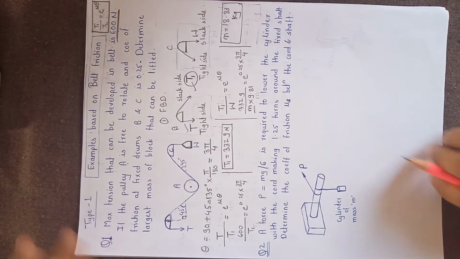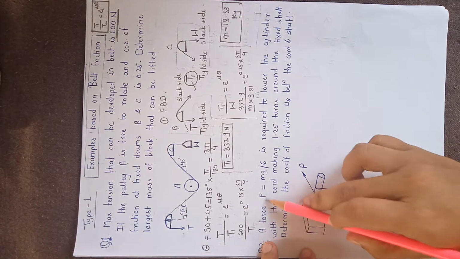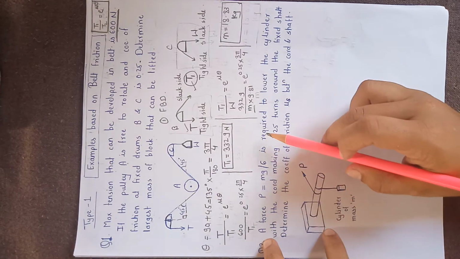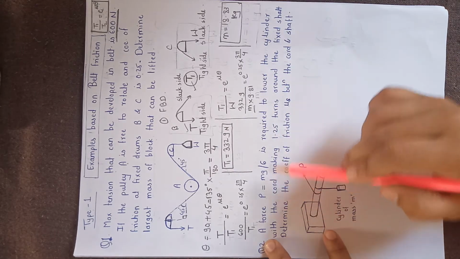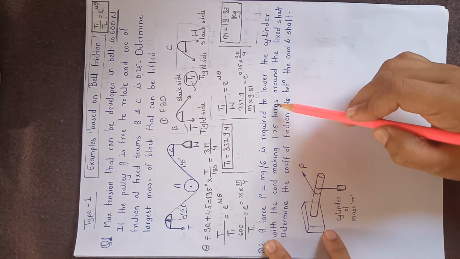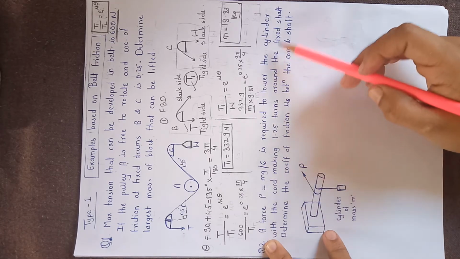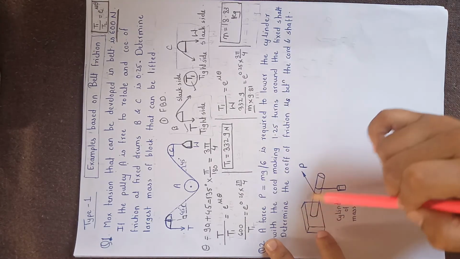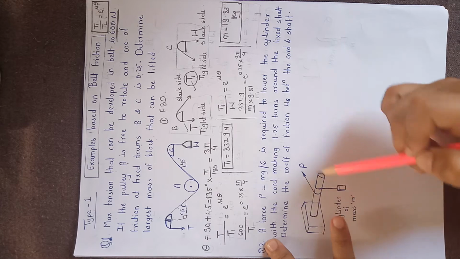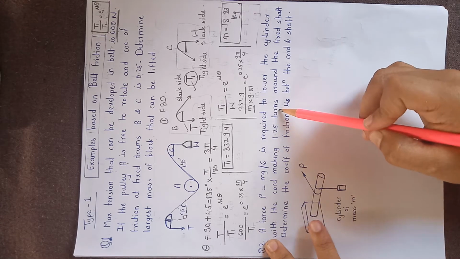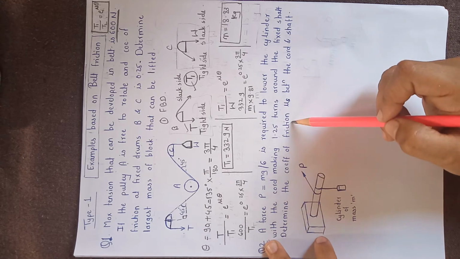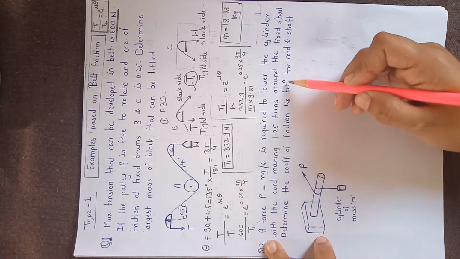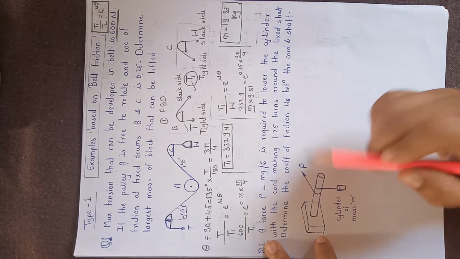Force P equal to mg by 6 is required to lower the cylinder with the cord making 1.25 turns around the fixed shaft. This is P. The rope is making 1.25 turns around the fixed shaft. Determine the coefficient of friction mu s between cord and shaft.